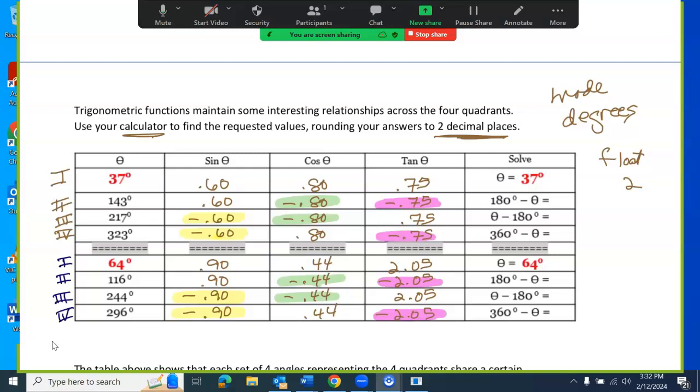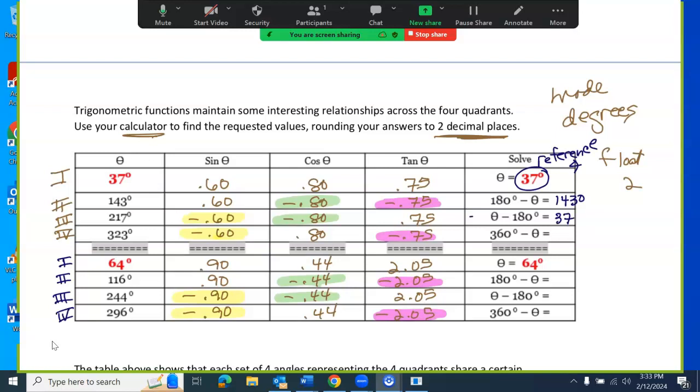Look what I can get. This angle 37, we're going to call that a reference angle. And we'll do more about this in a second. But if I take 180 minus 37, guess what I get? 143. If I take some angle minus 180, this will be 37.